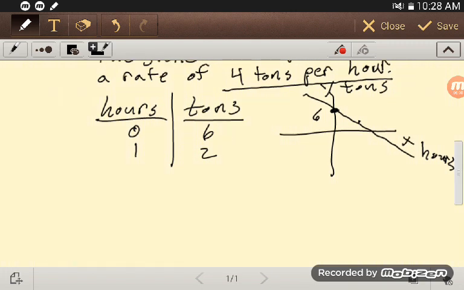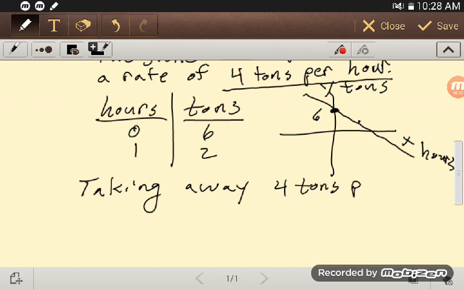And so since we're taking away 4 tons per hour, it helps me with the slope, because if you think back to module 1, we were told Y is in tons.